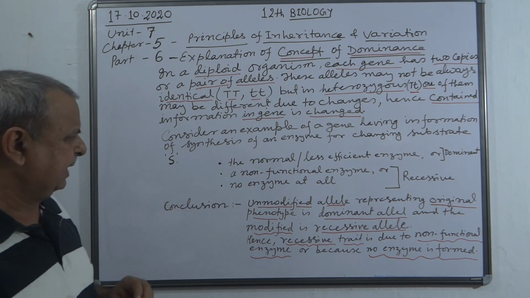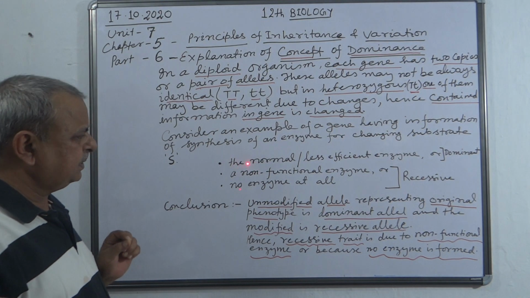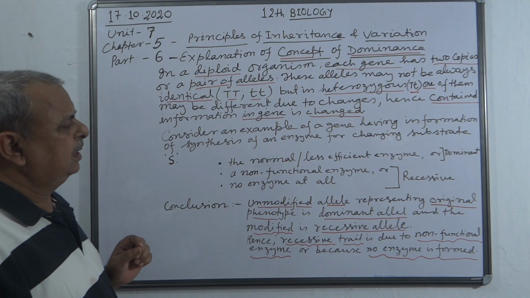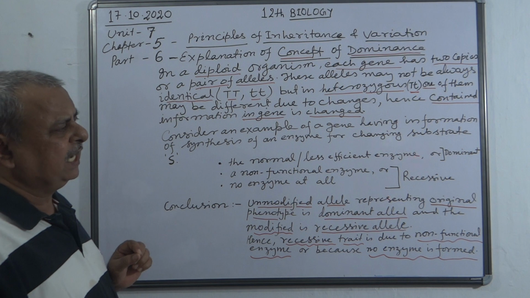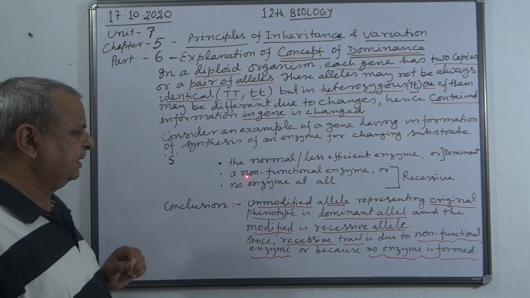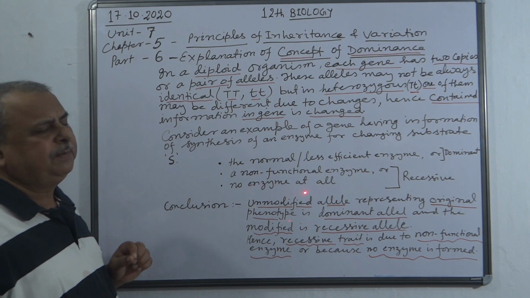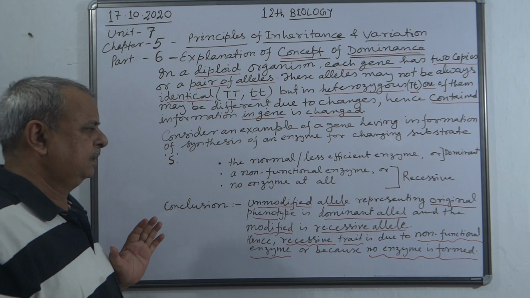There will be three conditions. First, the normal or less efficient enzyme is made; the other two are a non-functional enzyme, or no enzyme synthesis at all.